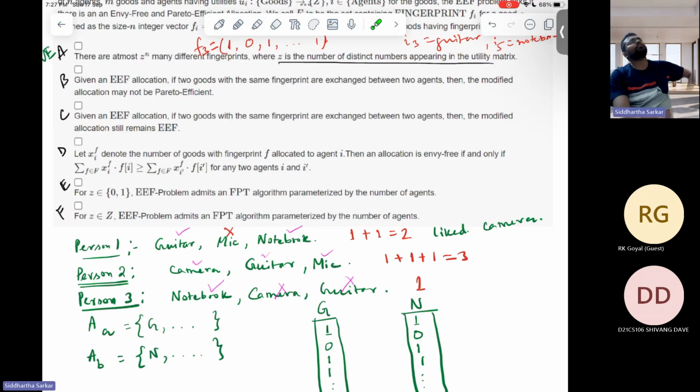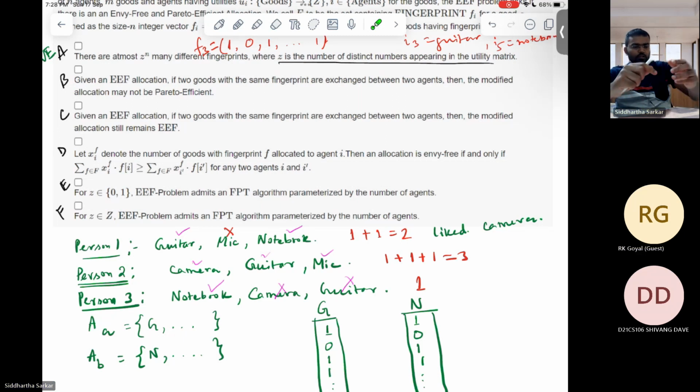And if the utility matrix is binary, so consider the case first when the utility matrix is binary. That means the utility for guitar is either 0 or 1, the utility for notebook is also either 0 or 1. Then because of this one exchange, the utility of agent A and agent B does not change.